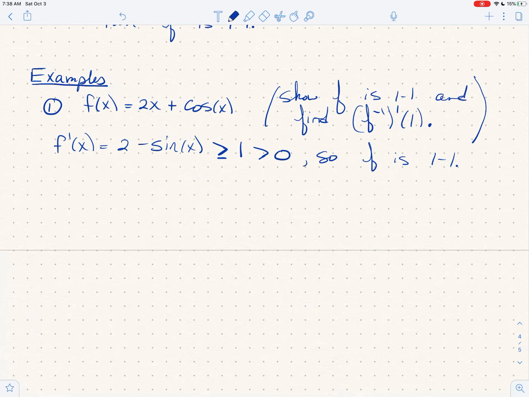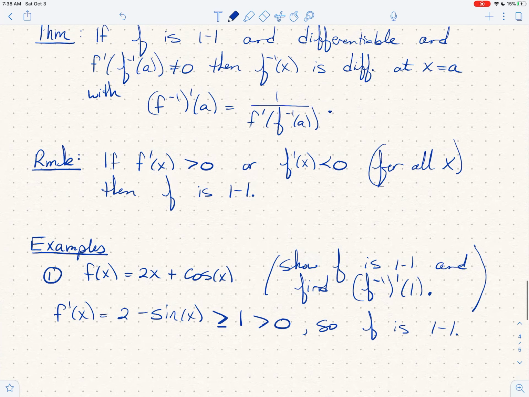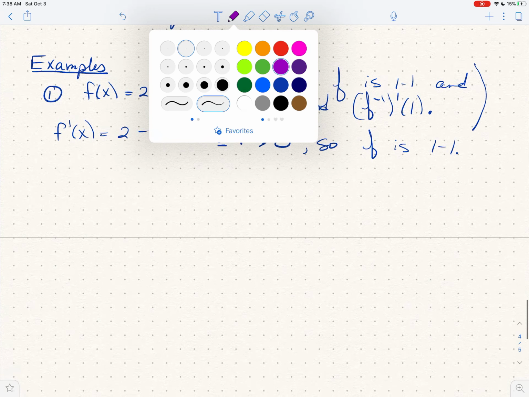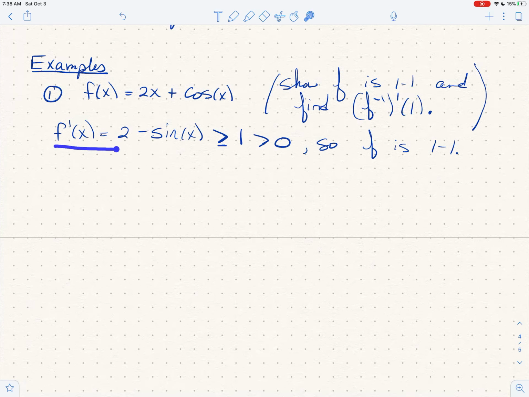Now, I need to know two things to be able to use this formula. I'm going to maybe put those in purple over here. I need to know f prime of x, and I need to know f inverse of a. Those are sort of the two pieces that I need here. So I've already computed f prime. That was easy enough. F prime of x is no problem.